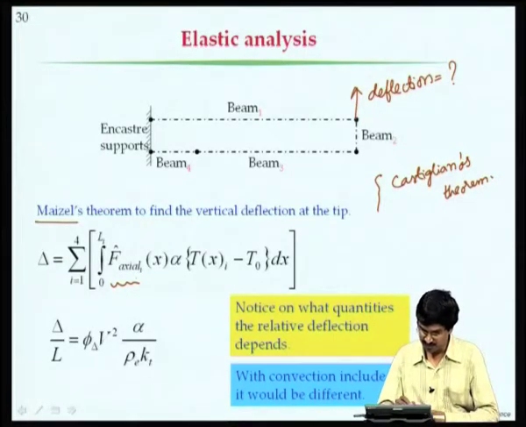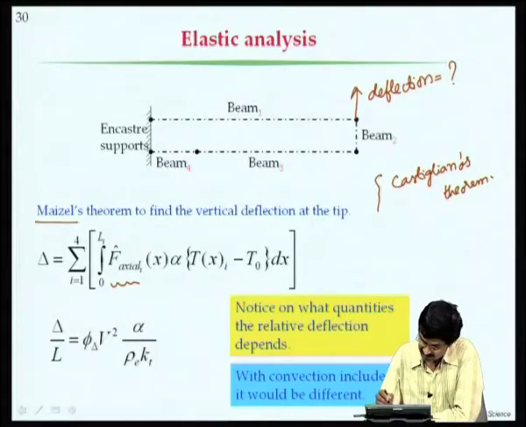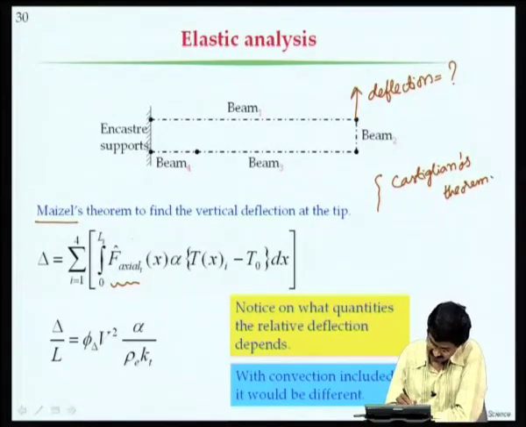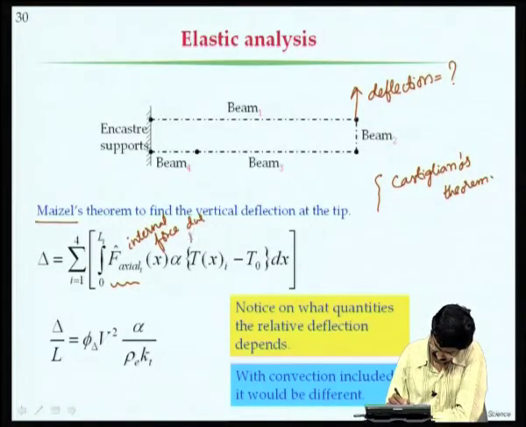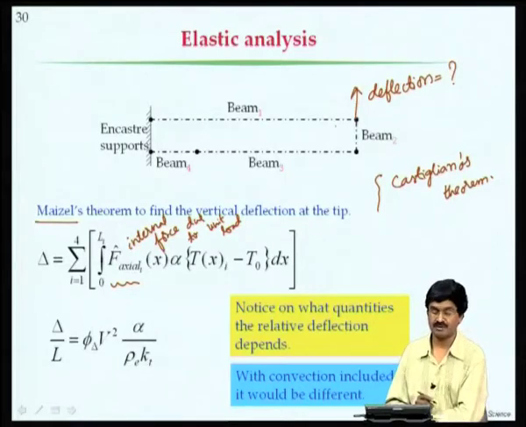That unit force causing internal thermal force in this, if you denote, this is the internal force, it is actually mechanical force, due to unit load at the point of interest.